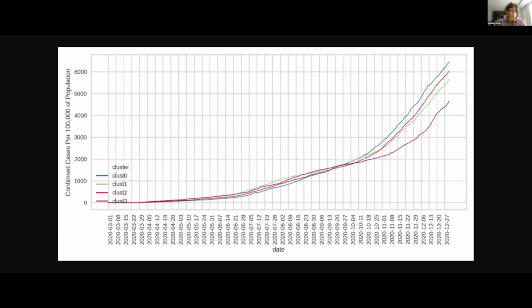And then you see a divergence. So the story is that in the counties, the purplish ones, which had the lowest mobility during the summer and early in the pandemic, the cases did rise.